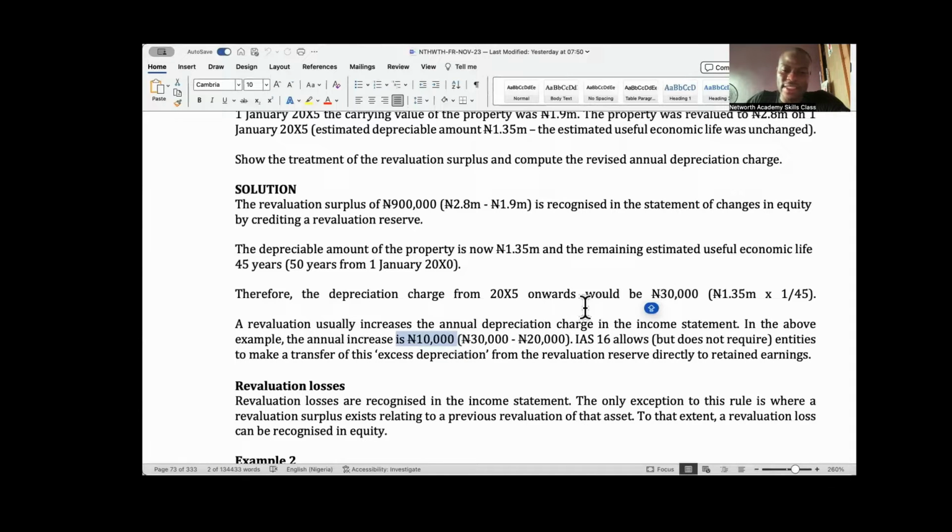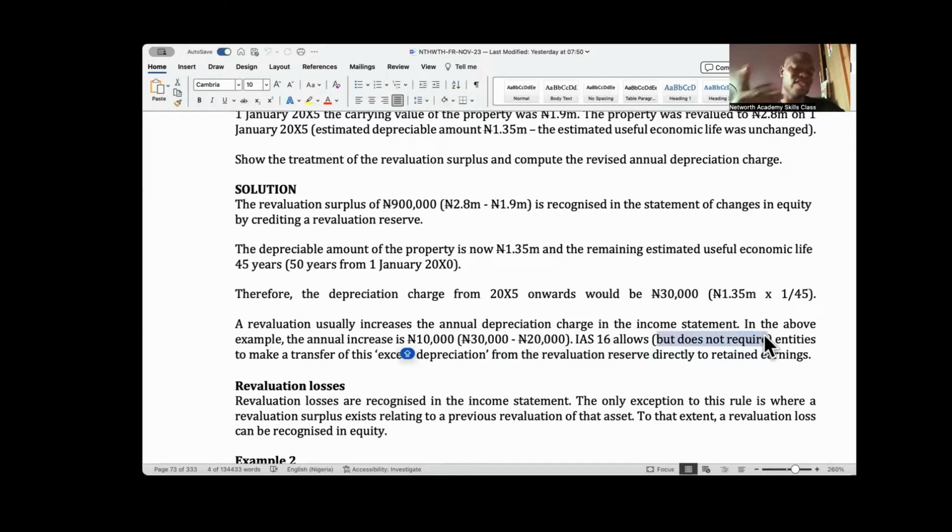So this additional depreciation, the standard calls it excess depreciation. And every year, you would make a transfer of this excess depreciation from your revaluation reserve to retained earnings. You will see how that works when we look at a few questions later. IAS 16 allows it, but it does not require it.